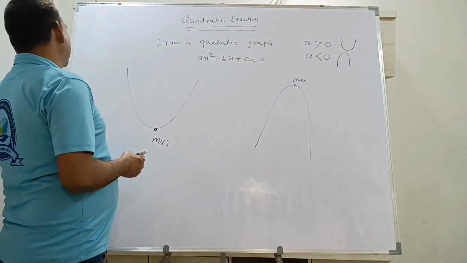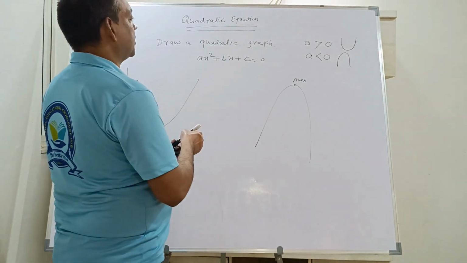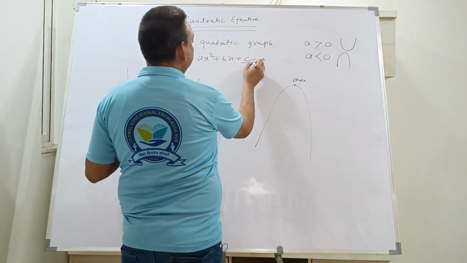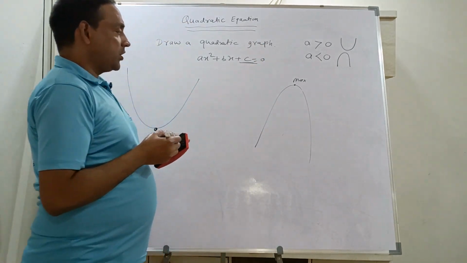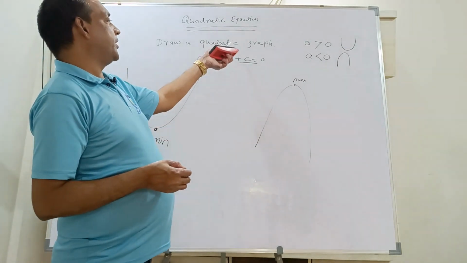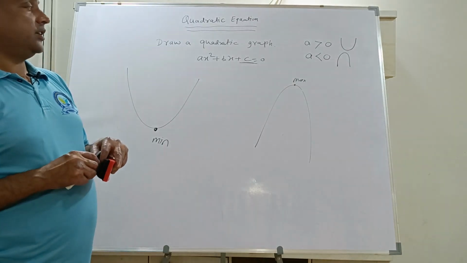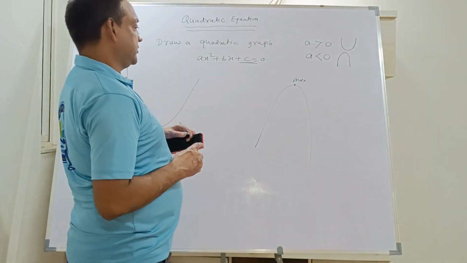Okay, to draw a graph, now we got the a thing. Now what does this c stand for? In a quadratic graph, c is nothing but the y-intercept.